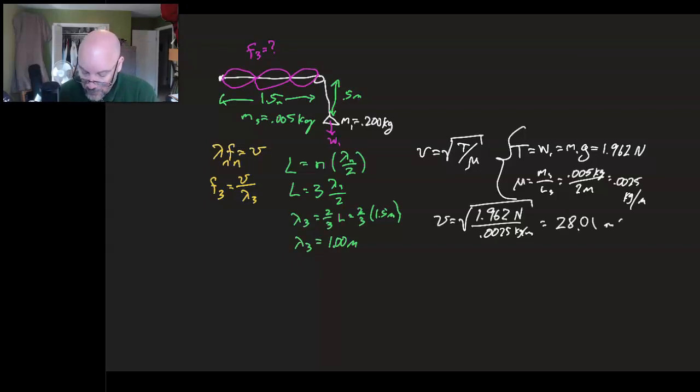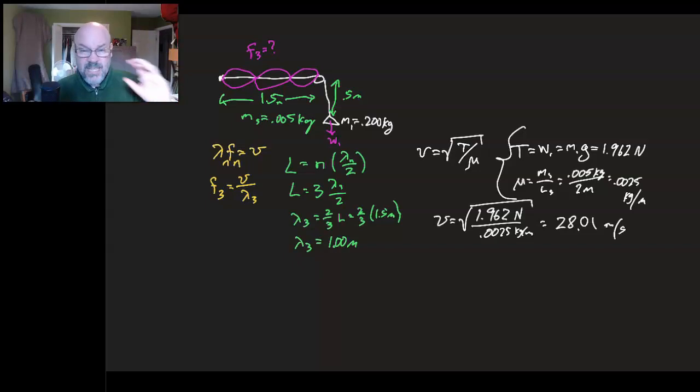And that works out to be 28.01 meters per second. Now, if you get a number like that, you might kind of be like, oh, wait a minute. The last one we did had a phase speed of 340 meters per second. This is a lot less than that. But that's okay, because the first one was in air.